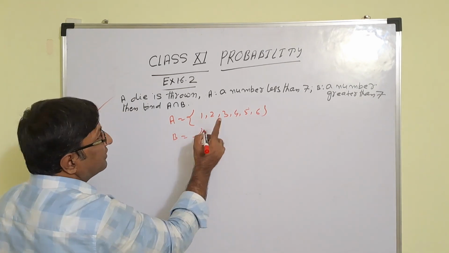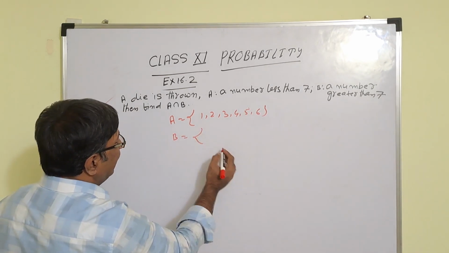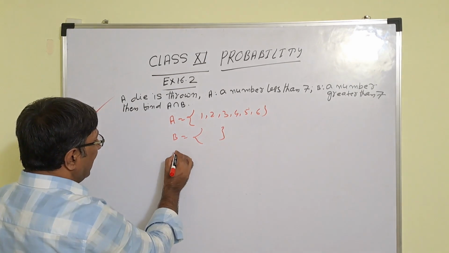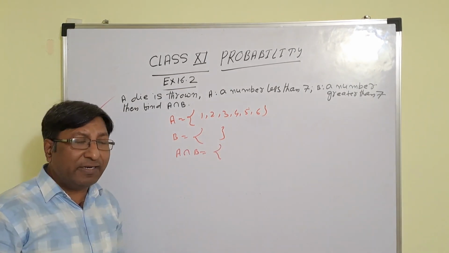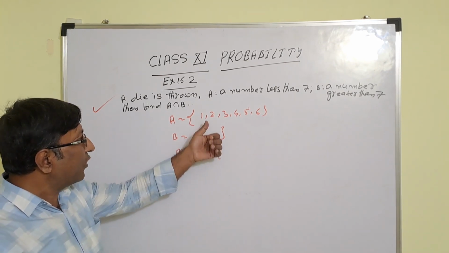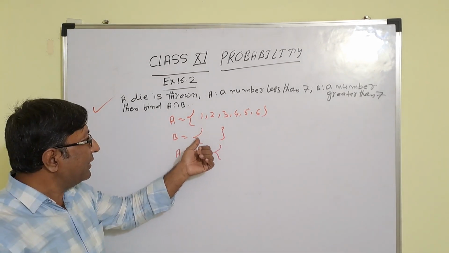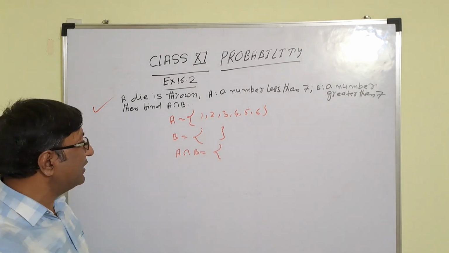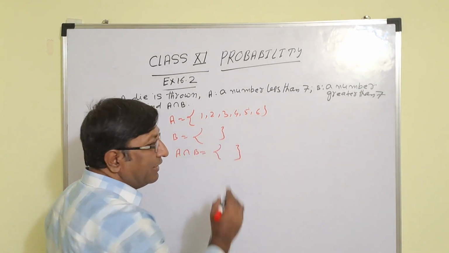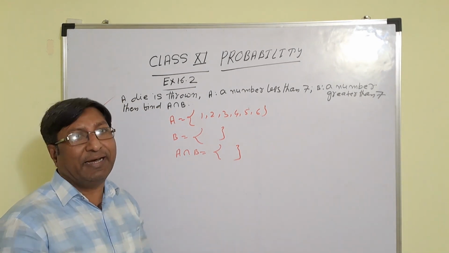And B is a number greater than 7, so there is no number. Now we have to find A intersection B. A intersection B means the common members of A and B. Here B has no member, so the common is also none. This is called the empty set. So A intersection B is the empty set. This is the correct answer.